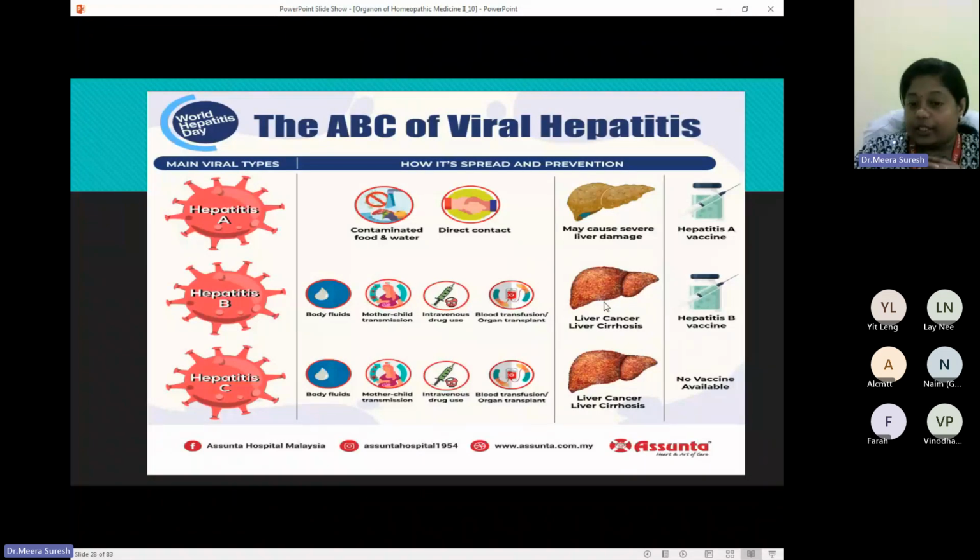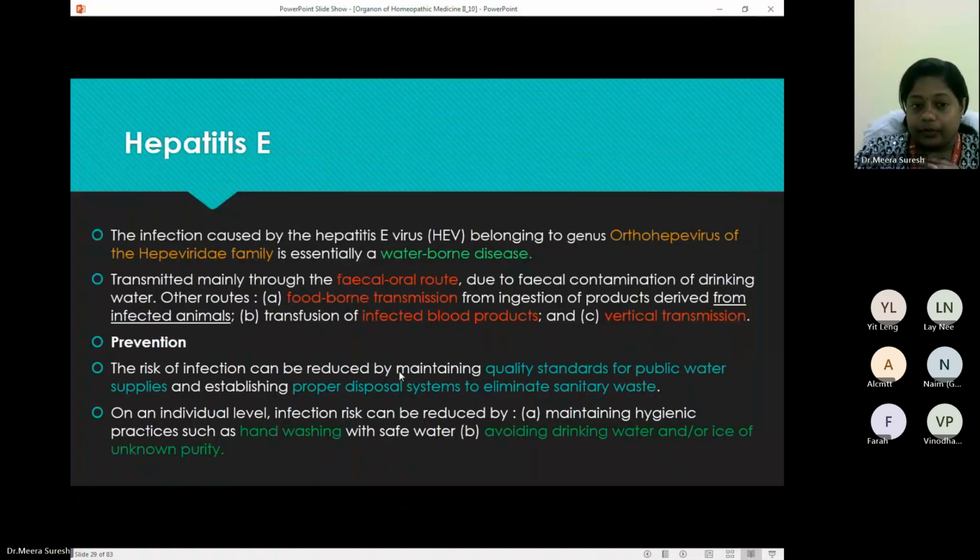Then that is going to cause liver cancer or liver cirrhosis. And there is a hepatitis B vaccine also. In case of hepatitis C, the transmission is the same as that of hepatitis B, the same route. It also can result in liver cancer and cirrhosis. And when compared to hepatitis B and C, as I told, hepatitis C is more going towards the chronic condition. And here no vaccine is available.